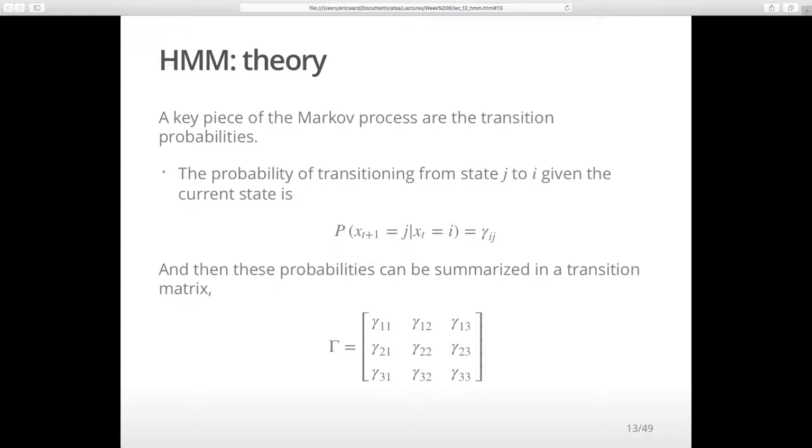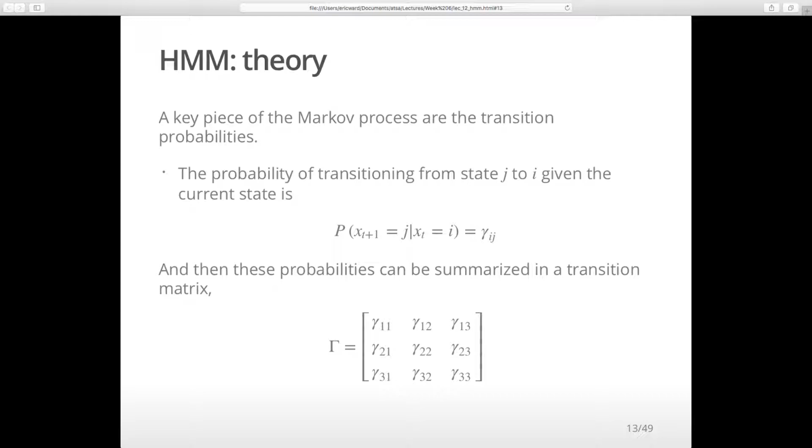These states are discrete, and so we can write the probability of being in state j at the next time step, given that we're in state i now at x sub t, as gamma ij.